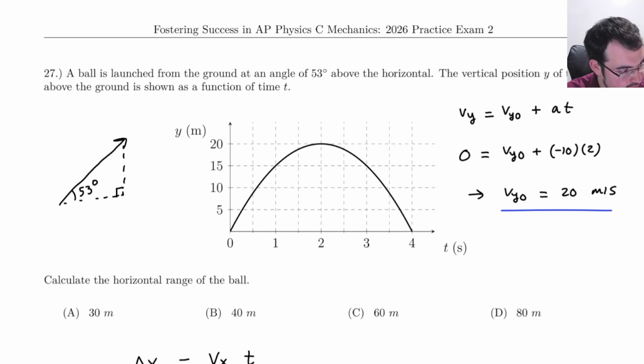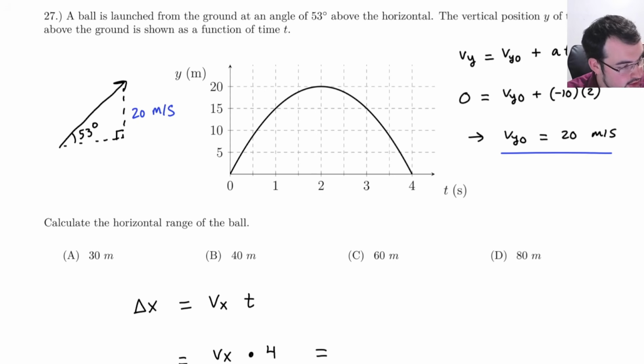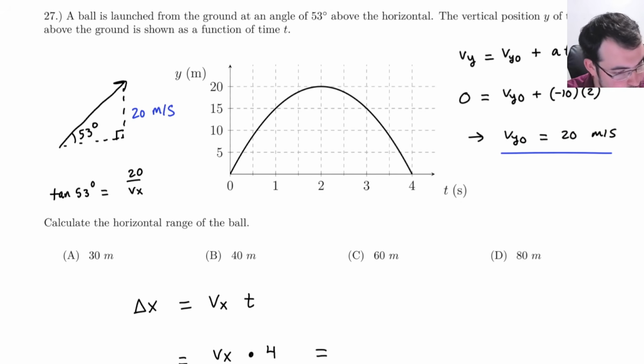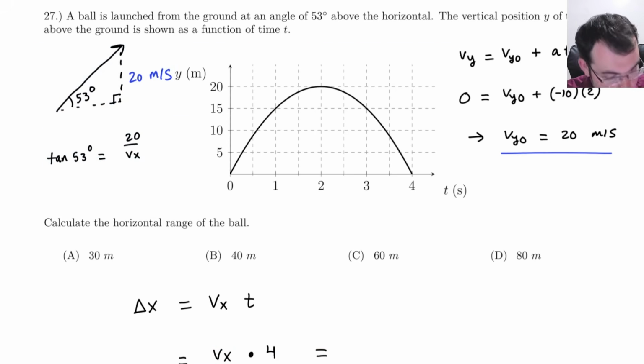So what I have to do is just a little bit of trigonometry. So now we found the y velocity was 20 meters per second. So we could just set up some sort of relationship. And technically you'd want to use tan here. Tan 53 degrees is equal to 20 over Vx. And if you did that, I'll move this up a bit. We would see that Vx is equal to 20 divided by tan 53 degrees.